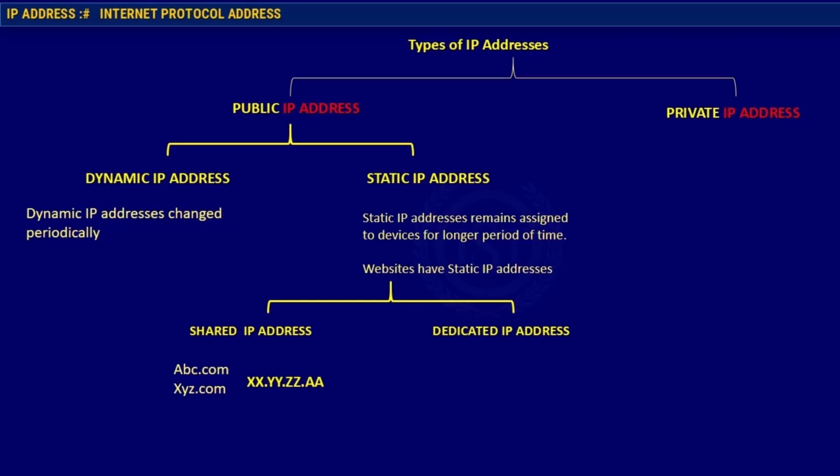It means a web server has an IP address, and all the websites hosted on that server share the same IP address. But if you want a dedicated IP address, you have to spend some amount to have an IP address dedicated to your website. Okay. So now private IP addresses.